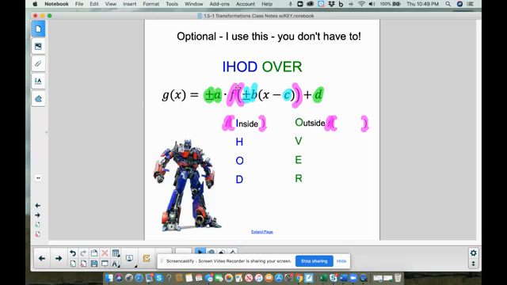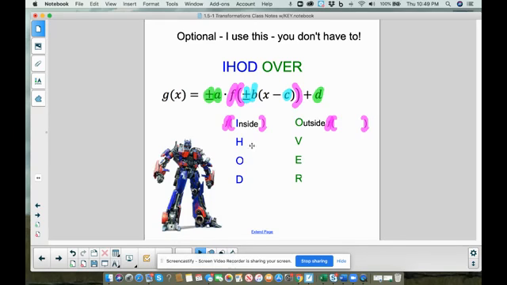If you have your function, say maybe these were parentheses enclosing the cubic function, so there'd be a cubed out here. Or maybe they were parentheses enclosing the square root function around this. Any change that's on the inside, so your letter B, your letter C, or a plus or minus here inside the function, is going to create H, IHOD.